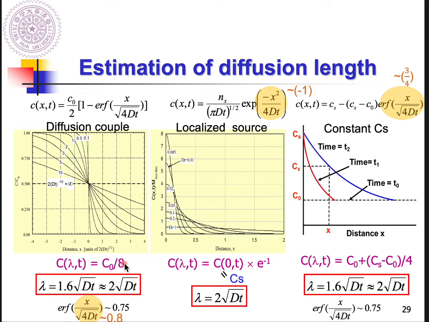For this one it is C0 over 8, for this one it is CS times e to the minus 1, and for the third case it is like this.